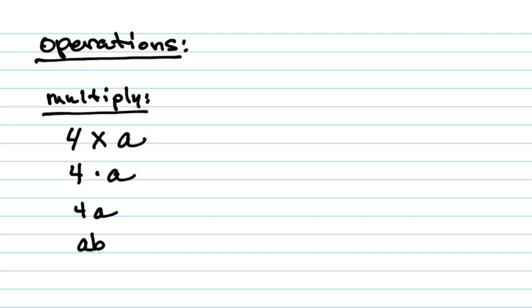Good. You'll also see parentheses. If you have 2 parentheses side by side with nothing between them, what operation does that indicate? Multiplication. And also, then you can also have a number right in front of a parentheses. What is that?